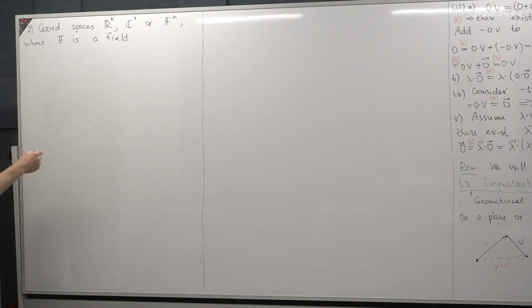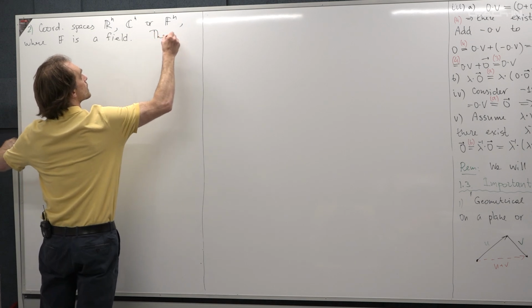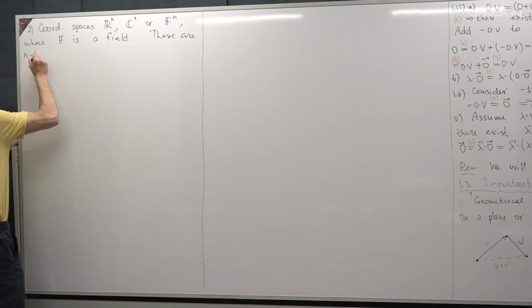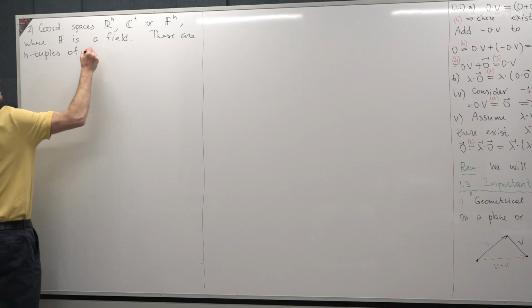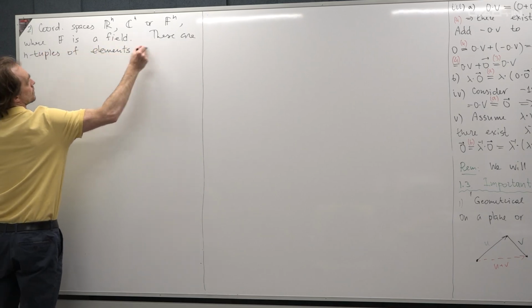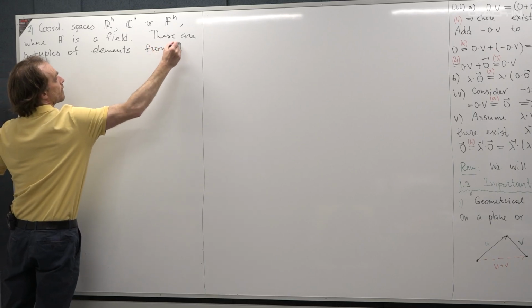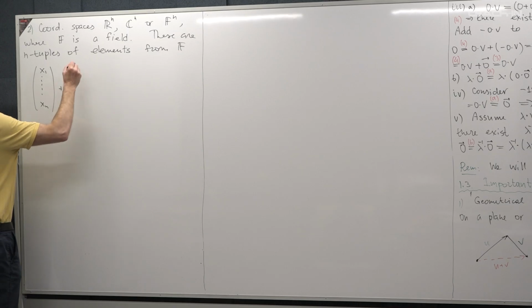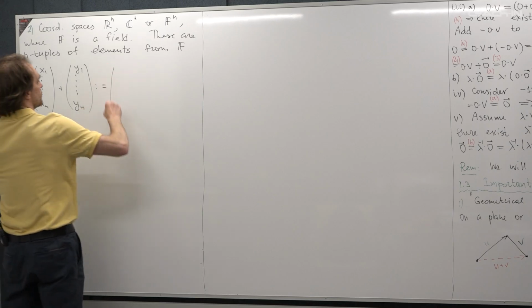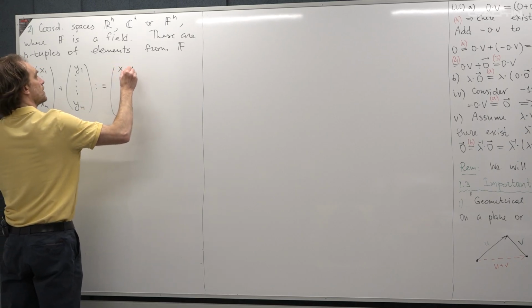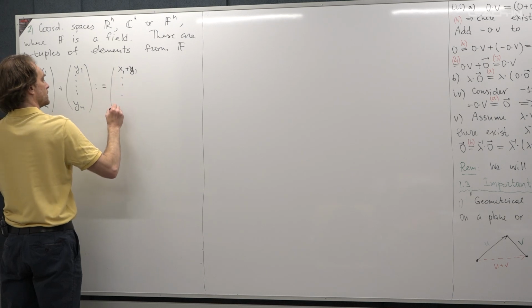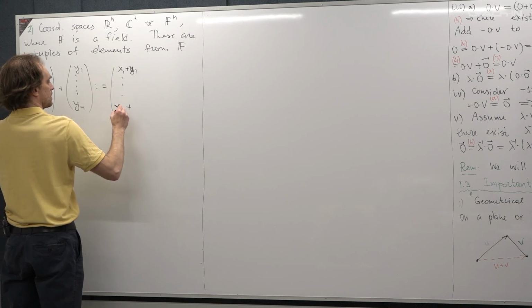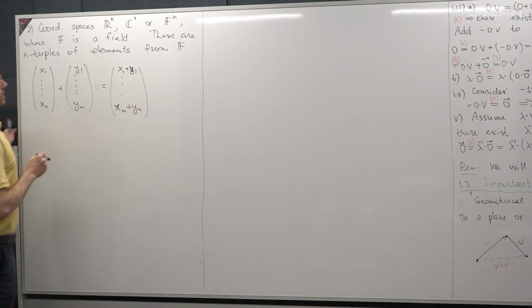So these are n-tuples of elements from F, and we can obviously add these elements by setting the sum of the two tuples to be equal to the tuple that consists of the sums of elements in each row.